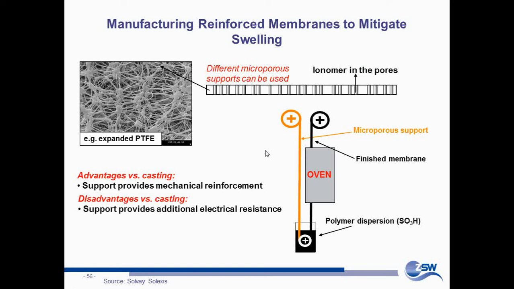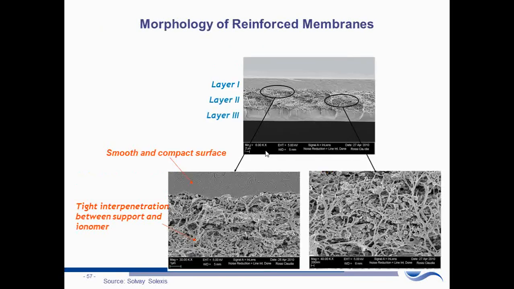They take their standard Gore-Tex membranes, the biaxially extended PTFE material, and then they coat the ionomer into the microporous system and mitigate the effects of swelling and translate them mainly into the Z direction, where there is more flexibility. You see here some micrographs of these reinforced membranes.